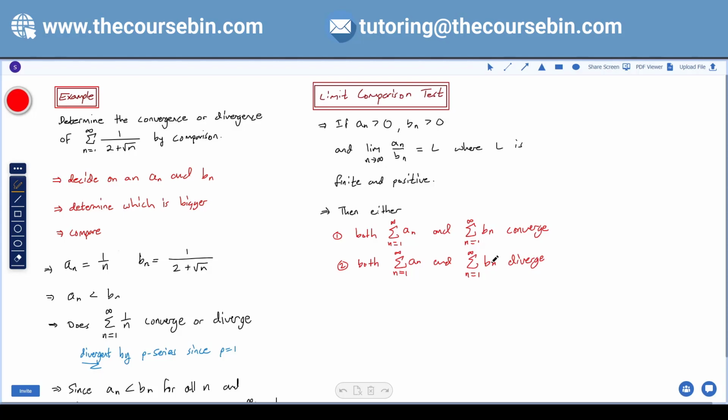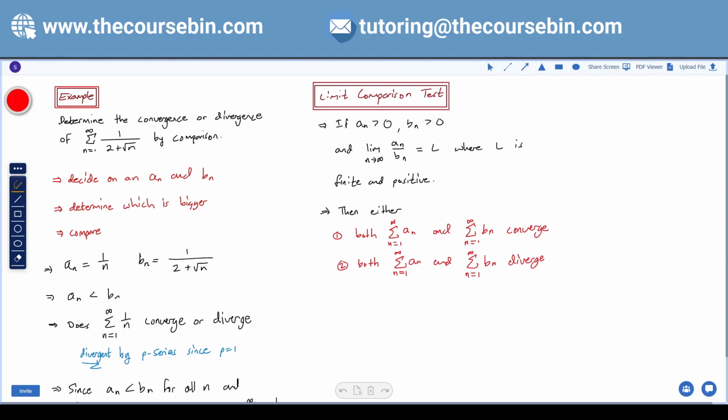Okay, so when you take the limit of the two series and it equals some finite positive value L, then either both series converge or both of them diverge. So is it supposed to be the inverse of the direct comparison test?